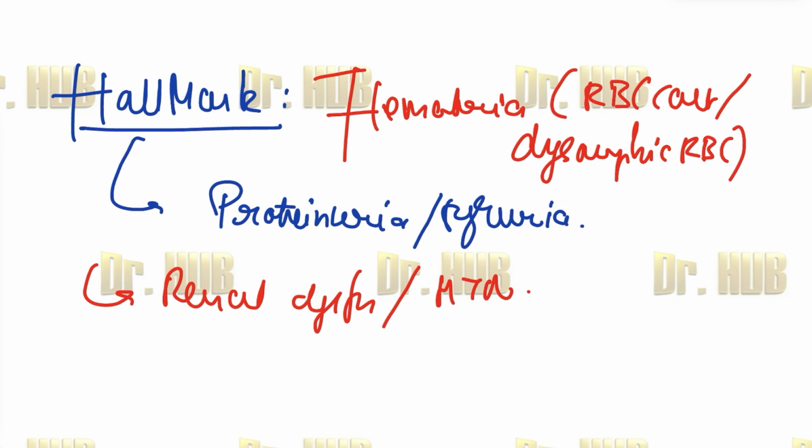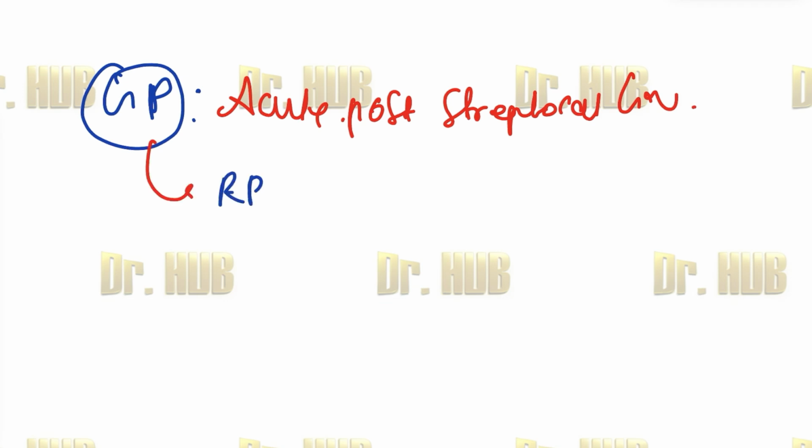Next, what are the associated glomerular pathologies? In terms of the nephritic, there is acute post-streptococcal glomerulonephritis and rapidly progressive glomerulonephritis, which is crescentic, and then IgA nephropathy.